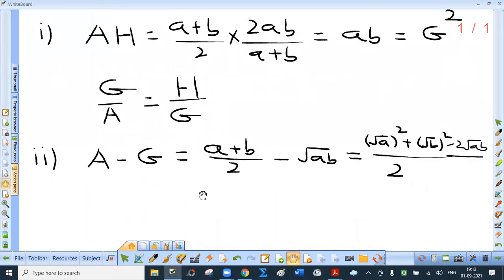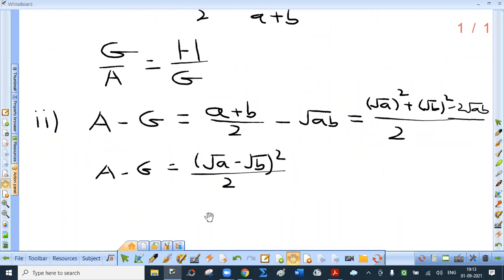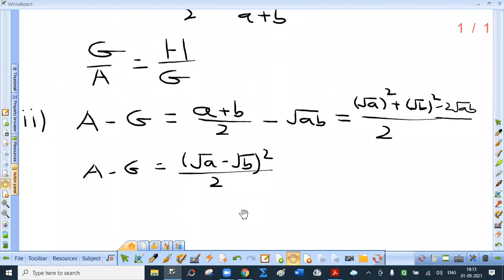Now you will notice that the numerator is the square of root a minus root b, and the denominator is as it is. Do you agree with me? Now a square is never negative. It can be 0, but 0 is neither negative nor positive.